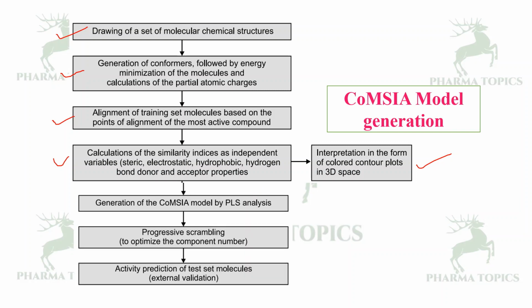Then generation of the CoMSIA model by partial least square analysis, followed by progressive scrambling to optimize the component number, and the activity could be predicted for the test set molecules which is externally validated. So this is CoMSIA model generation.